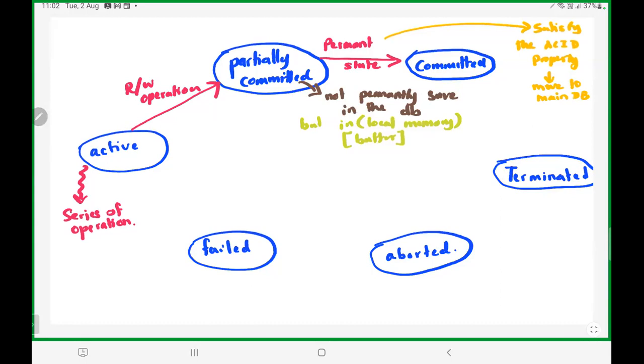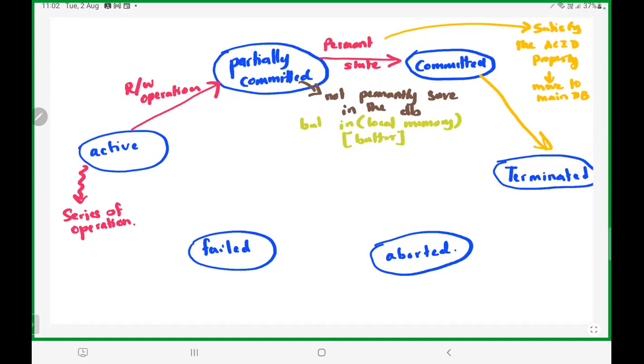When it reaches the permanent state, they should satisfy our transactional ACID property. They have to satisfy that ACID property and move all the operations into main memory. Then they can commit it and terminate.